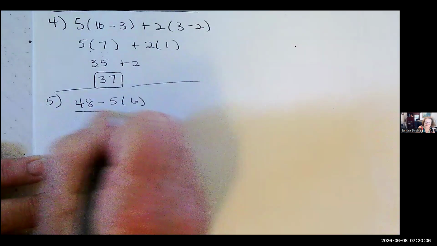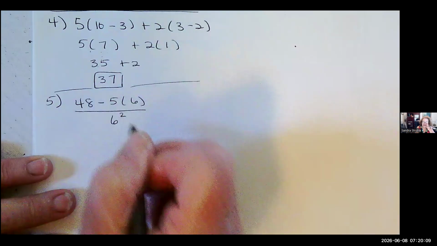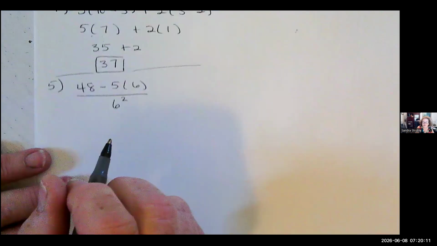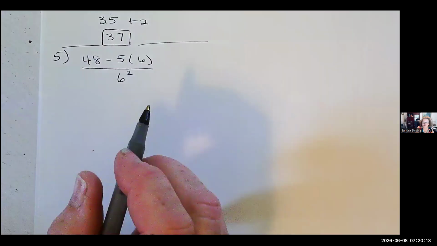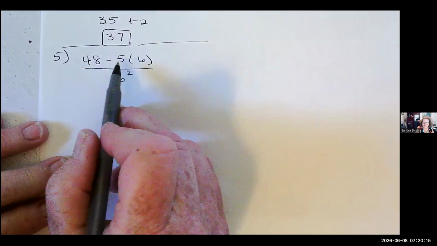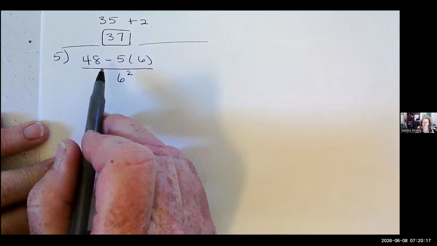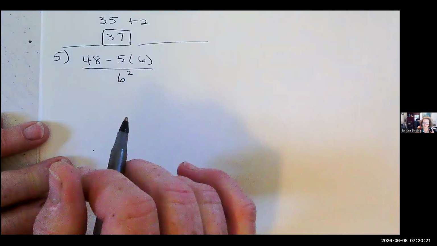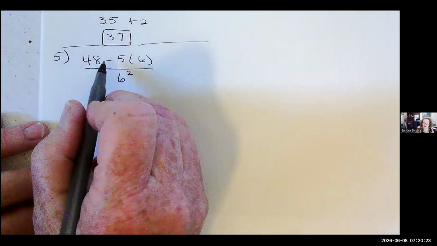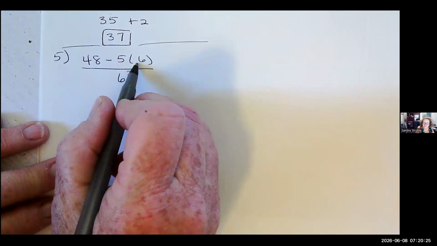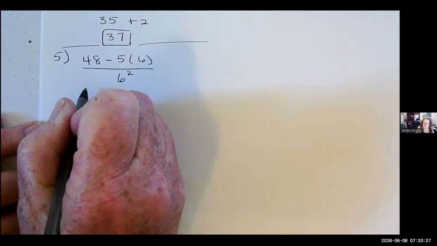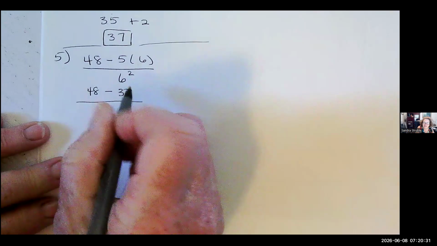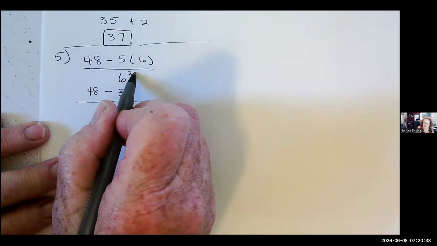Okay, we don't have any parentheses where there's things happening inside of them. This parenthesis just means that these two things are multiplied. So you need to work with the top, and then you need to work with the bottom, and then we divide. So up here, we've got subtraction and multiplication. We have to multiply before we subtract. So 48 minus 5 times 6 is 30. 6 squared means 6 times 6, and that's 36.